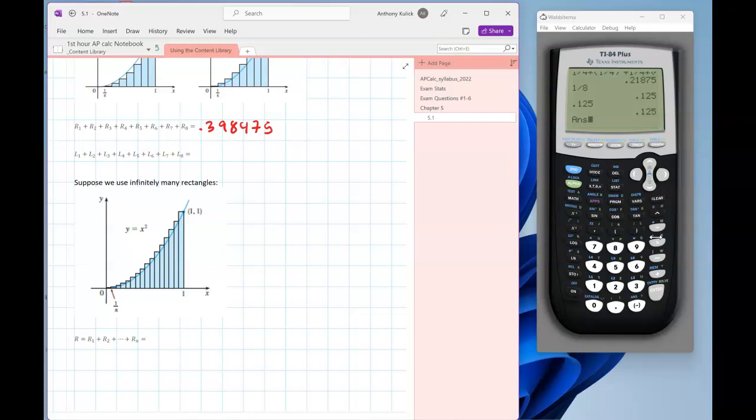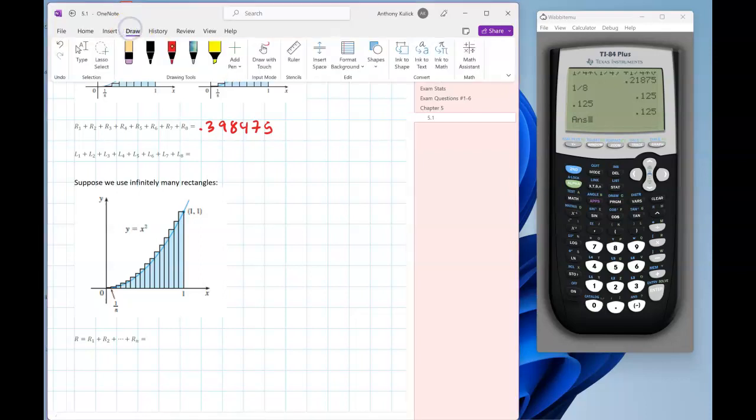So what if we use infinitely many rectangles? How would I calculate that?